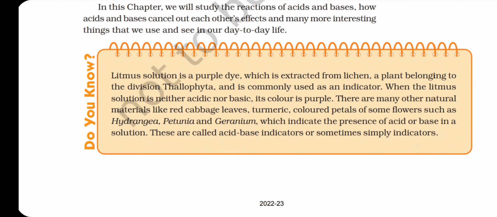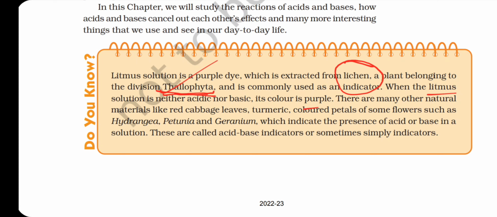Here are some facts about litmus paper and litmus solution, which is a purple dye. The purple dye is extracted from a plant called lichen, which belongs to the subdivision Thallophyta, and it is a commonly used indicator. If a solution is neither acidic nor basic, that is a neutral solution, the color of litmus is purple.